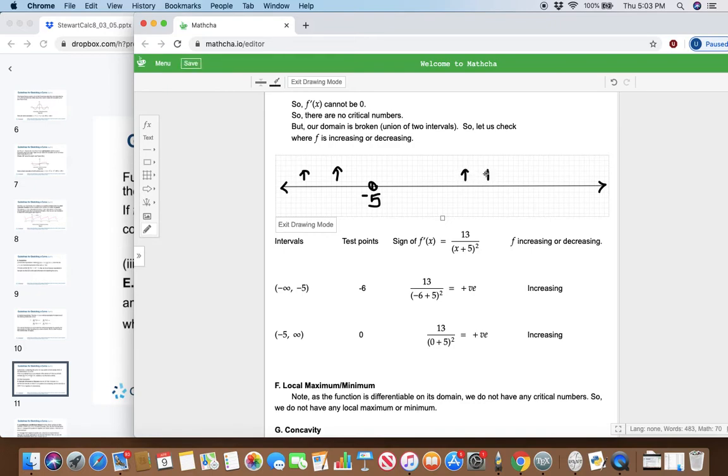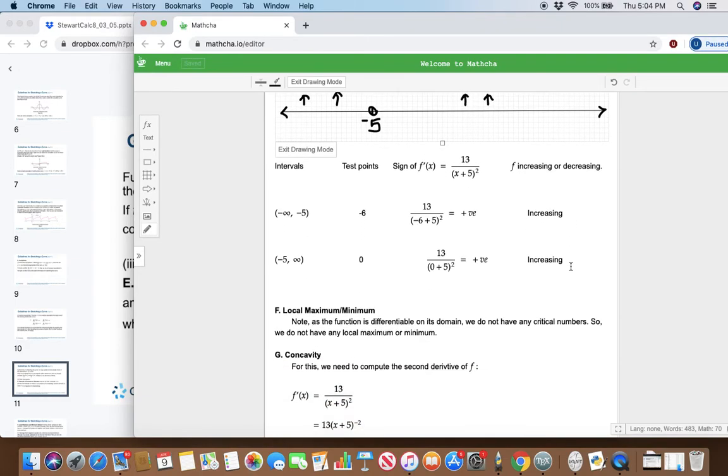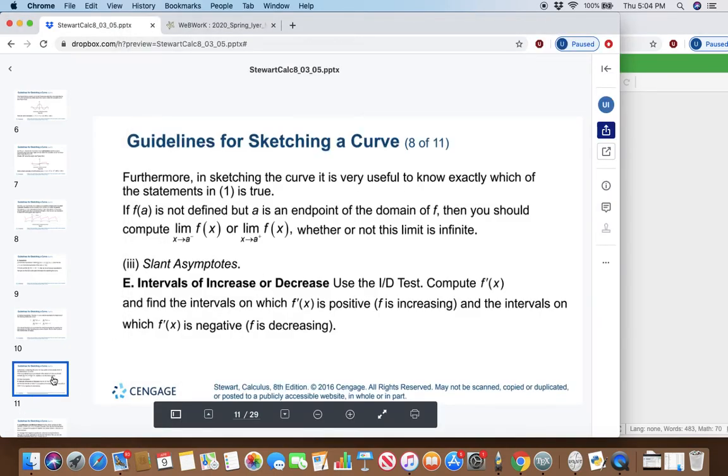Okay. So my function is actually increasing throughout on its domain. That is, this point is not in its domain. But whatever is its domain, it's increasing. It's not decreasing anywhere. All right. Now, local max and local min. That's the next item to discuss.